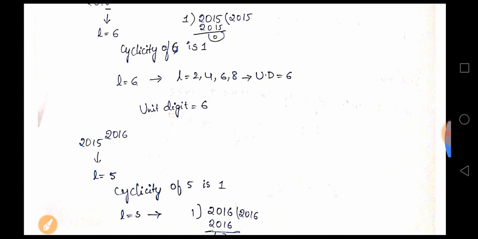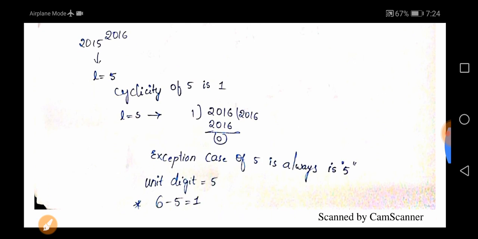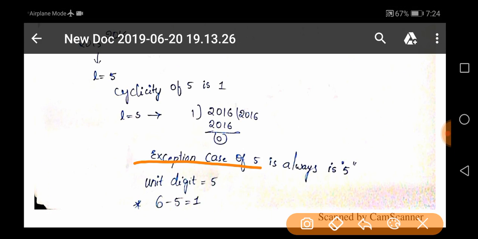Coming to this, 2015 power 2016, the last digit is 5. For this also the cyclicity of 5 is 1. So if you divide 2016 by 1, you will get 0. But 5 is an exception case: the unit digit of 5 power anything is always 5. So 6 minus 5 is 1.